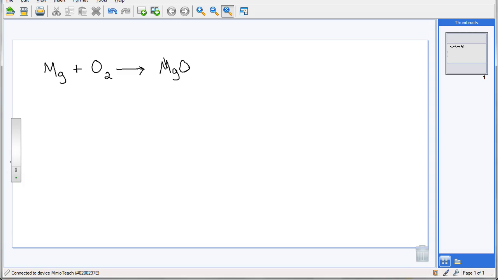So we're going to place a 2 in front of our magnesium oxide compound there, which changes our magnesium, so we can come back to this side and balance this. Okay, so now we have 2 magnesiums on both reactant and product sides, and we have 2 oxygens on both the reactant and product sides.